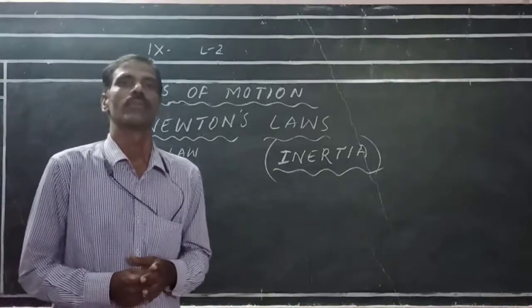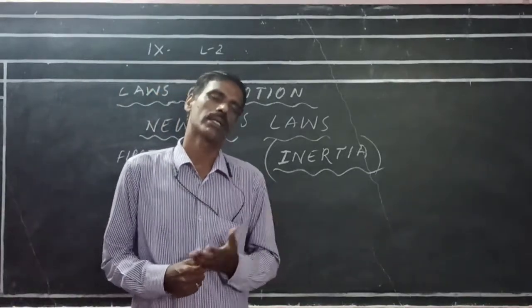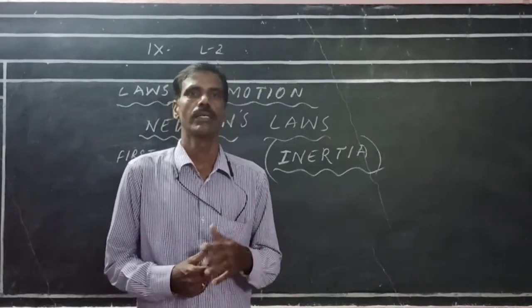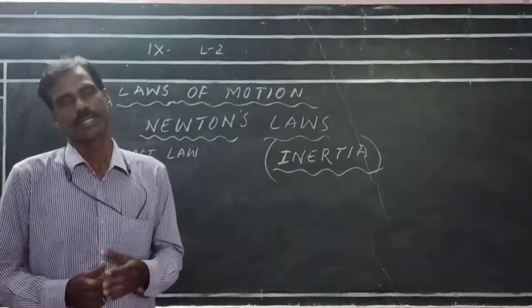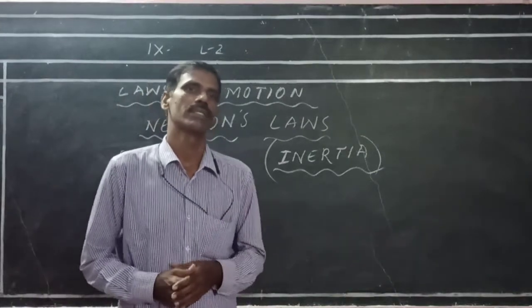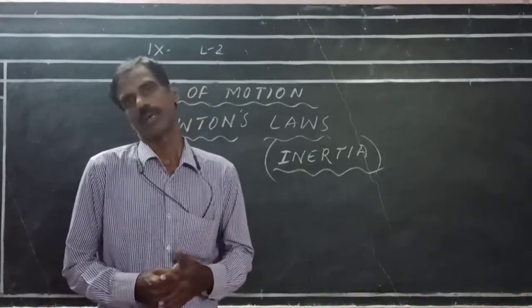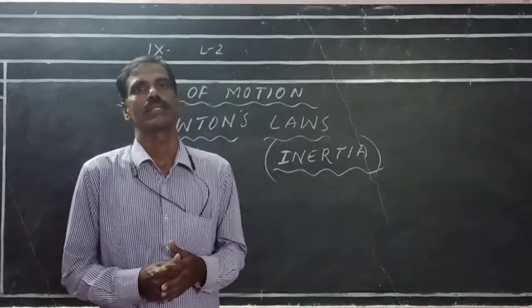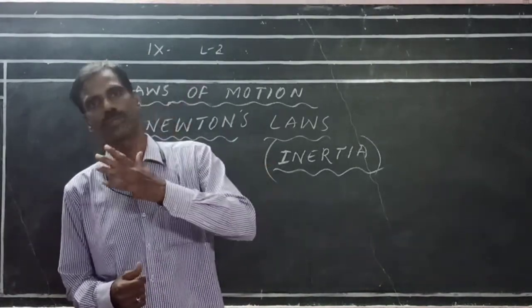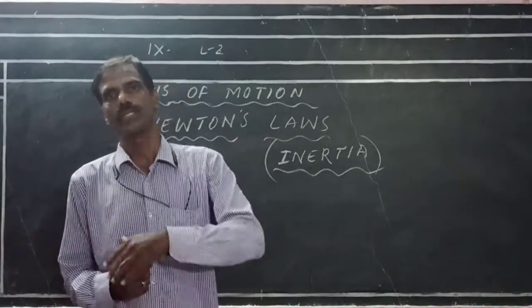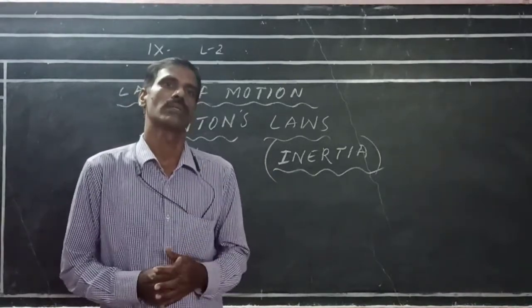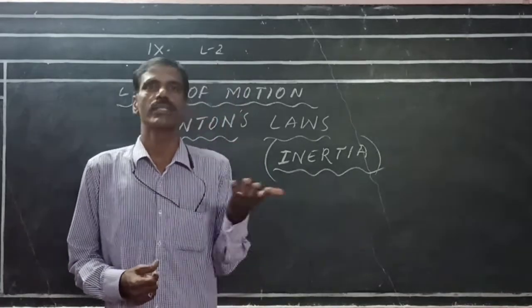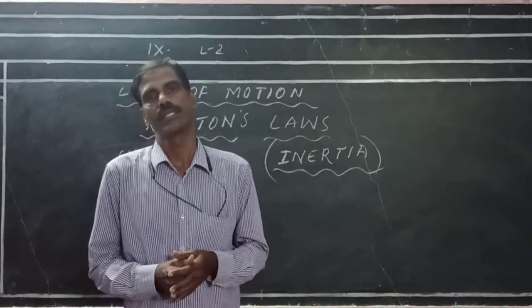For example, when we are in a bus which is at rest and the driver suddenly starts the bus, we can observe that the person who is standing in the bus generally tries to fall, that is, falls backward, because the body of the passenger is at rest initially.